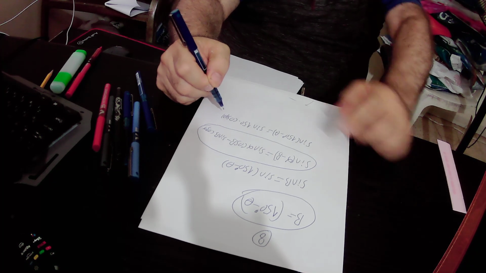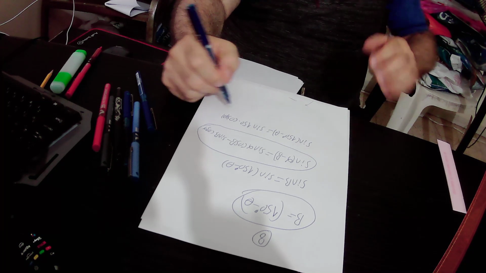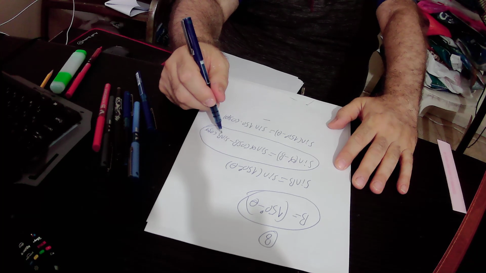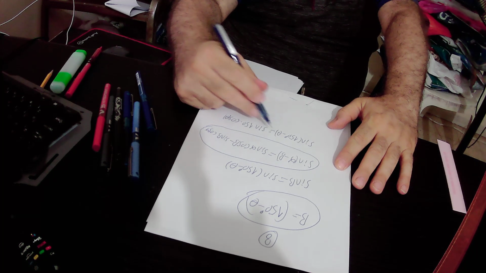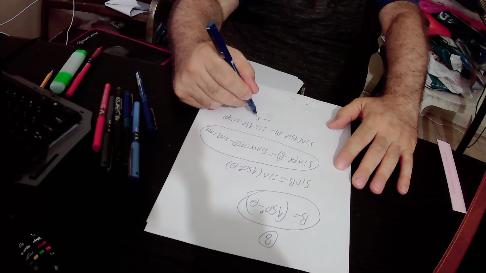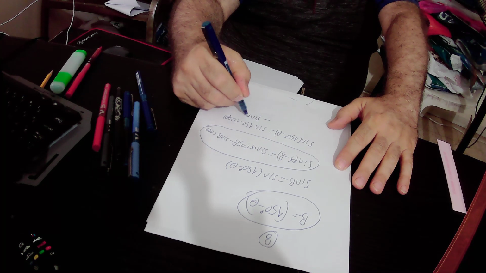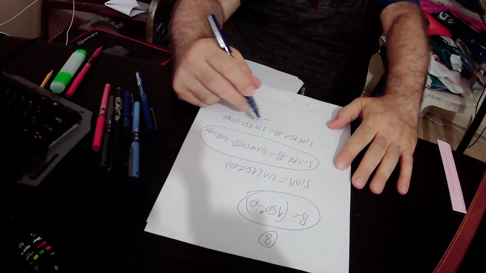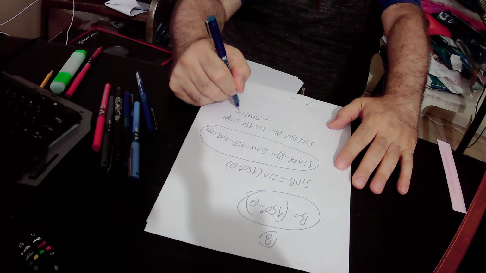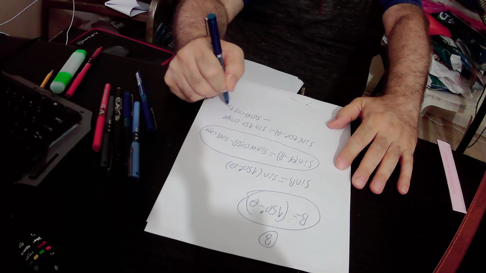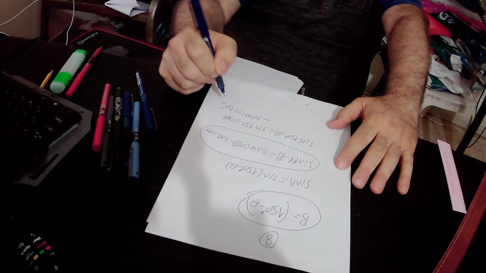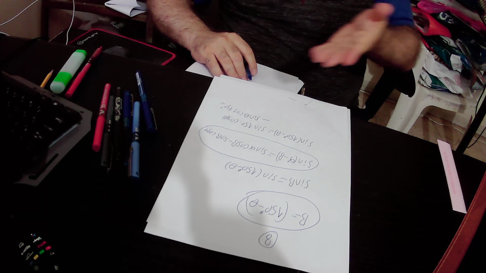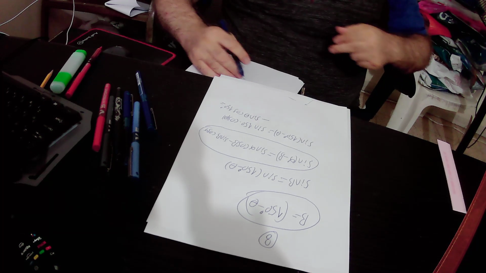You should remember that we have already found the value of cosine theta. Minus sine beta, where sine beta is sine theta, times cosine alpha, where cosine alpha is cosine 150 degrees. So we actually have all the values of all the variables here.